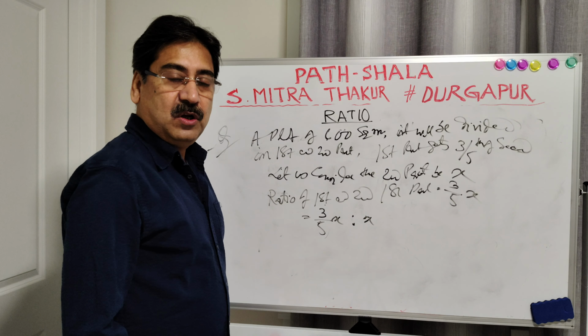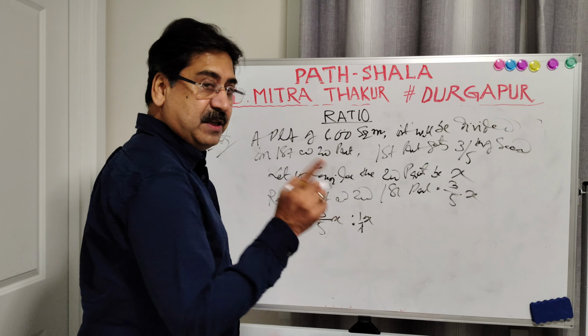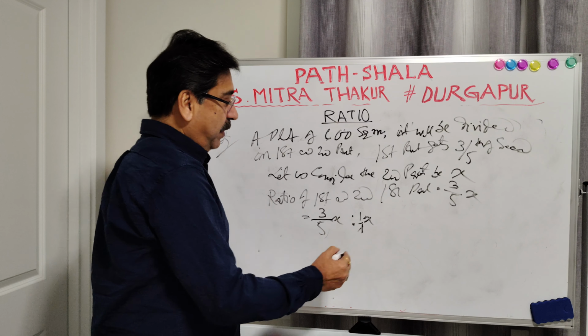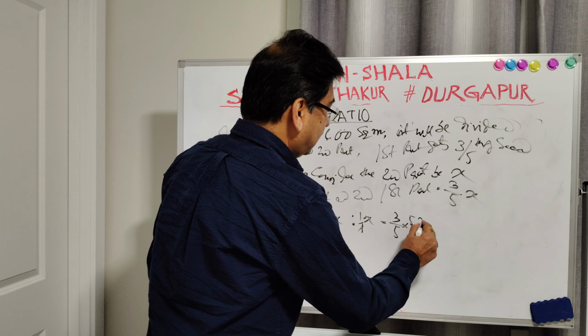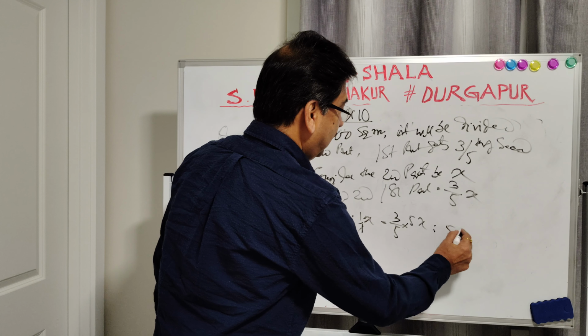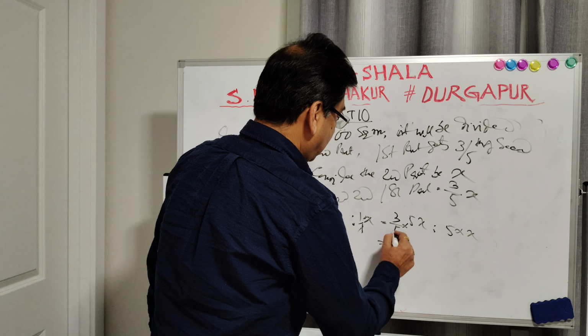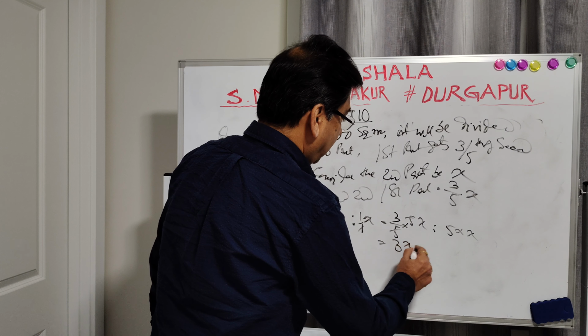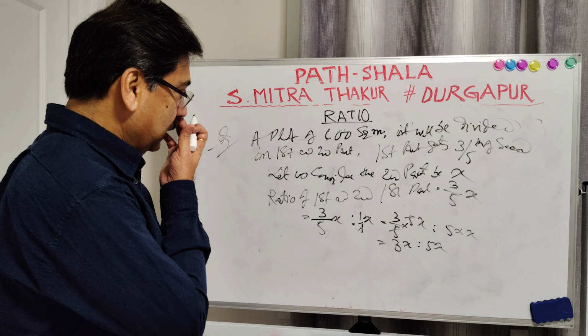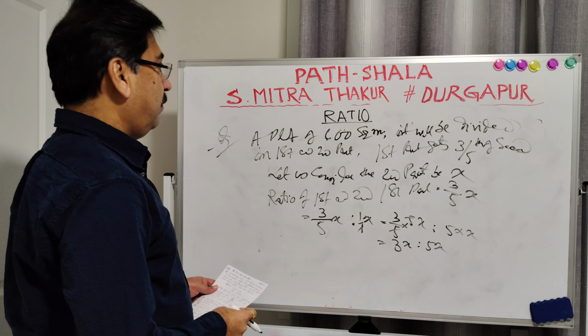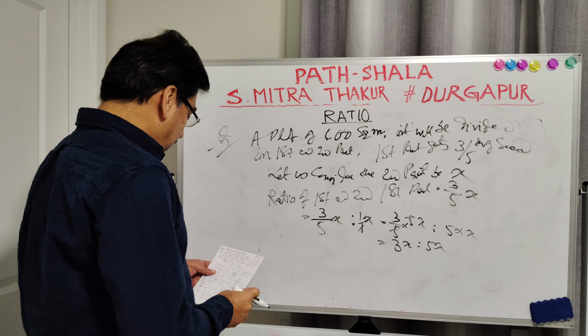Here the only denominator is 5, and here it is 1 by 1. So for 1 and 5, the LCM is 5. So I will multiply by 5. That is 3/5 into 5x is to 5 into x. That is 3x is to 5x. Right? 3x is to 5x. This is the ratio.